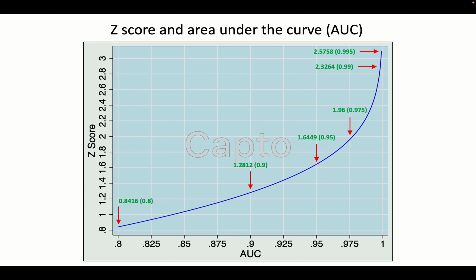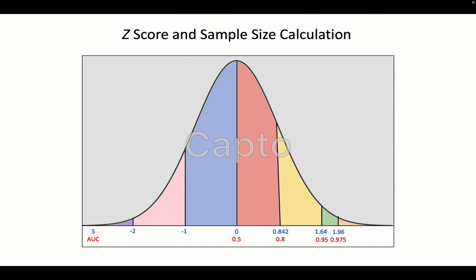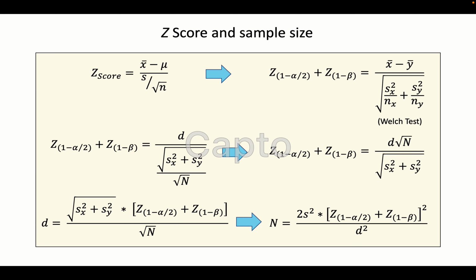Very often, in terms of the z-score for alpha, we choose the alpha of 5%. So let me just show you this again. I say that the sample size is given by the standard deviation, which is the first component, the z-score for 1 minus alpha over 2, plus the z-score for 1 minus beta.